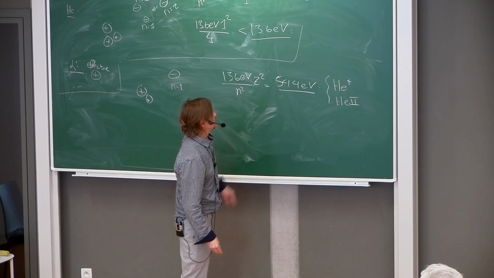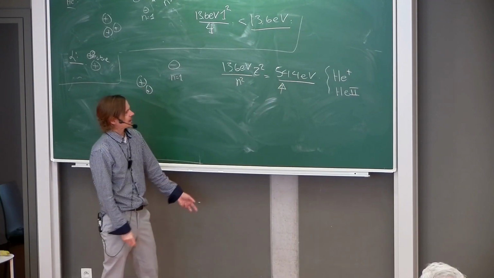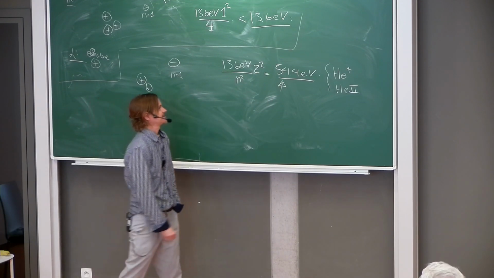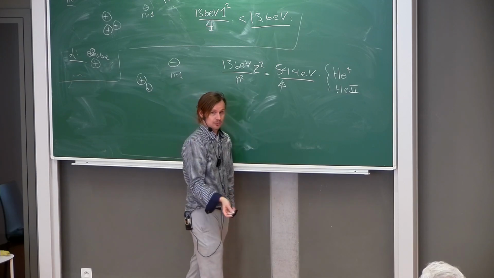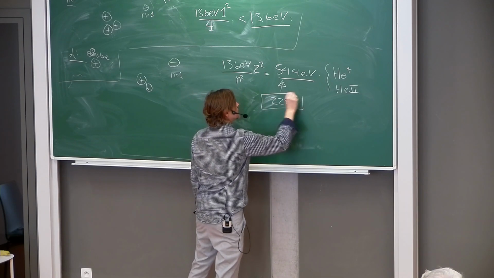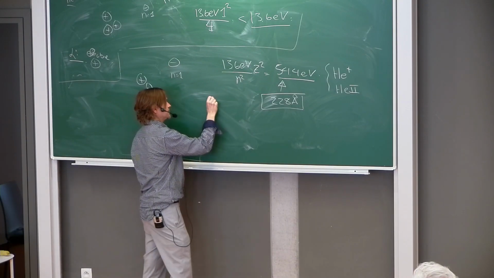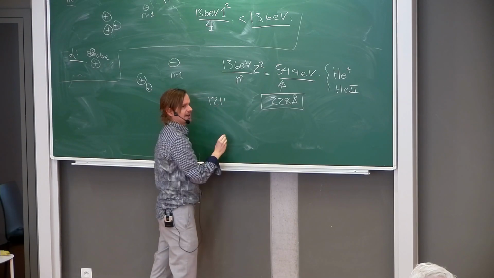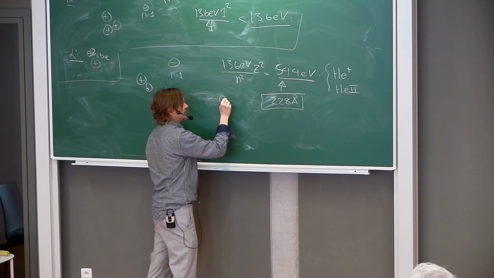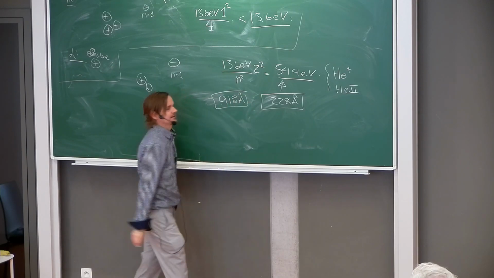And if you look at this ionization edge and do the transformation to wavelengths, you will see that it's on the order of 228 angstroms, as compared to hydrogen, which we calculated was at 912 angstrom, if I remember right.